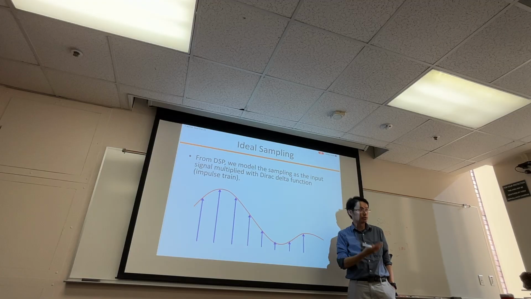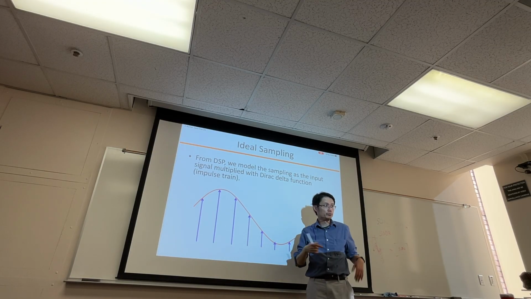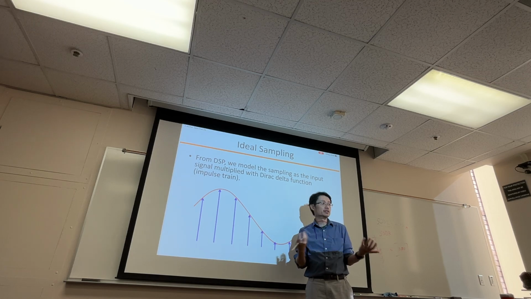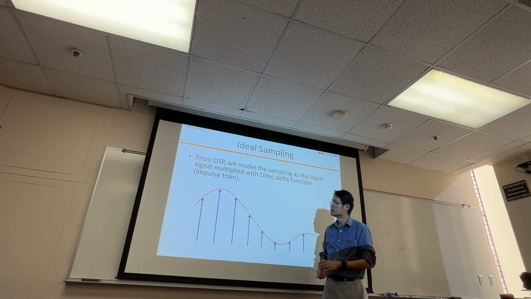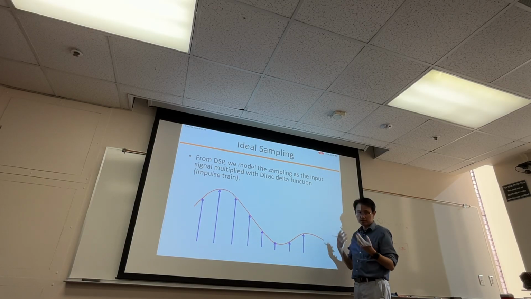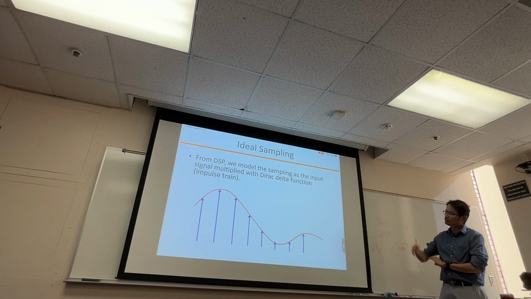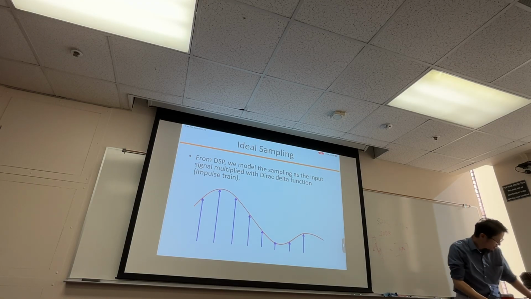So you multiply by a delta train, and the spacing of the delta train is your sampling period, or sampling frequency. So this time spacing is your sampling period. So you just multiply by this delta function, essentially.